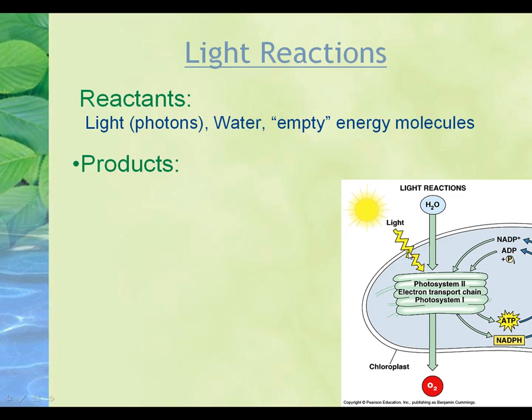So we have light energy in the form of photons, we have water, and then we have our empty energy molecules, NADP plus and ADP, and then a phosphate molecule, that are going to be transformed into ATP and NADPH. And these are energy molecules that we'll use later in photosynthesis.